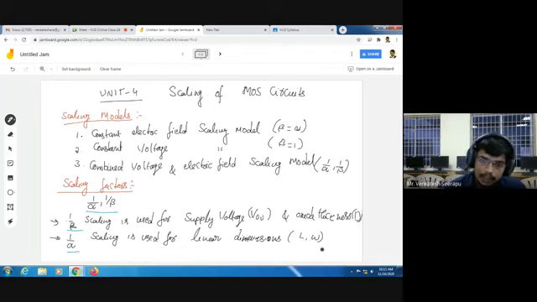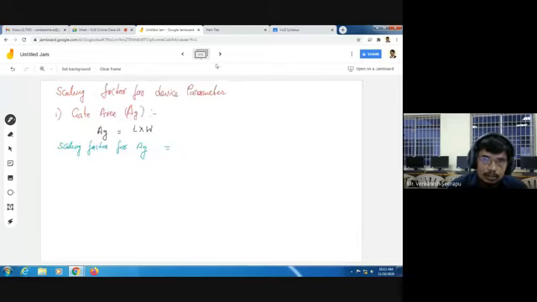So for L and W, these are the vertical and horizontal dimensions of a surface. So the scaling factor for these is 1 by alpha. For L we have a scaling factor 1 by alpha. Similarly for W also 1 by alpha.